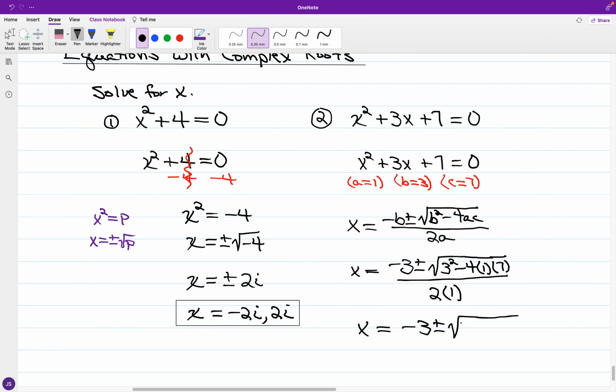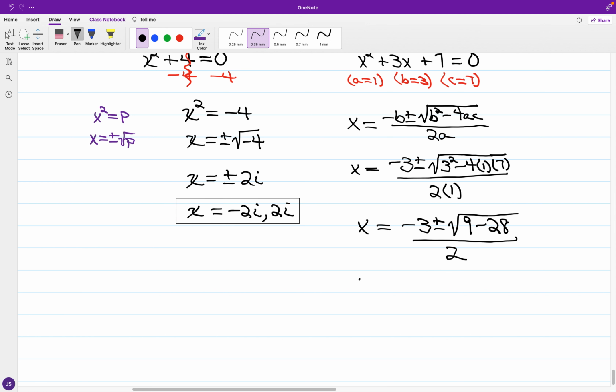Okay, so 3 squared is 9. Negative 4 times 1 is negative 4. Negative 4 times 7 is negative 28. And we have all over 2. And we're getting closer to the roots here. So we got negative 3 plus or minus.